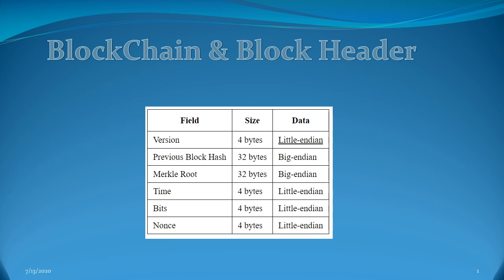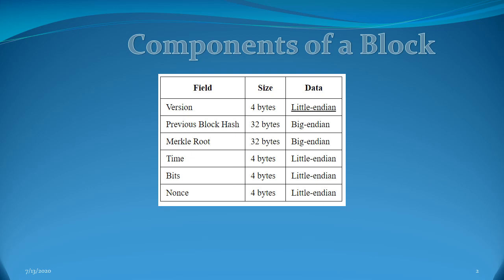The individual blocks are composed of several components. Roughly, this can be differentiated into the head of the block, that is the block header, and its body, the block body. We'll now look into the components present in the block header. The head of a block is divided into 6 components.